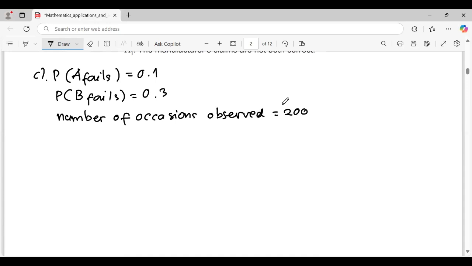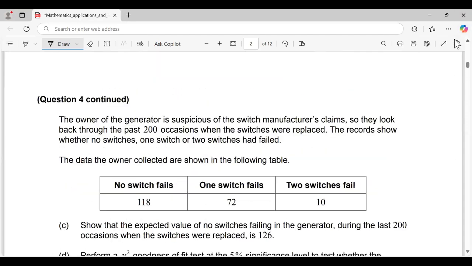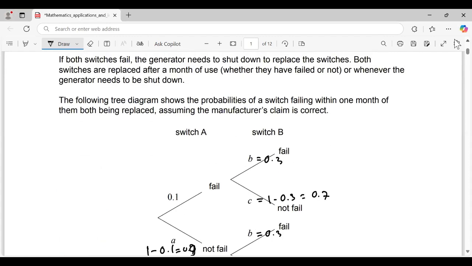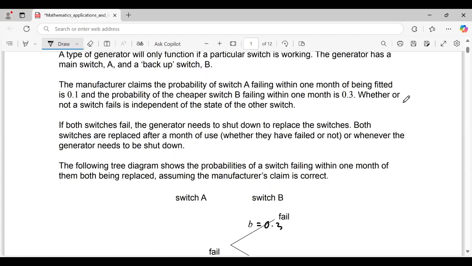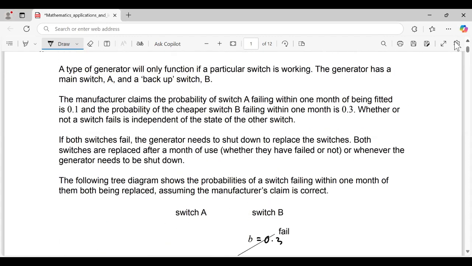And the next important information is that the failures of switch A and B are independent events. Okay, it's an independent event.